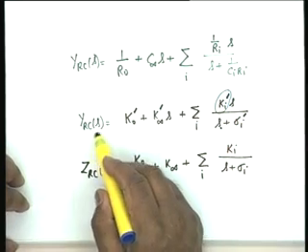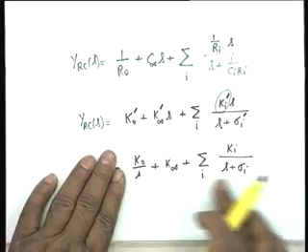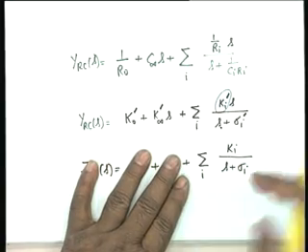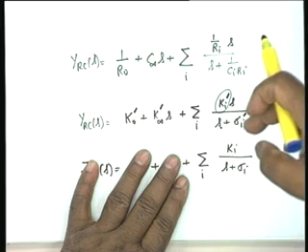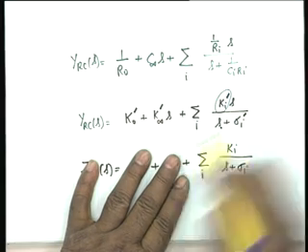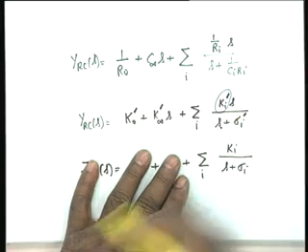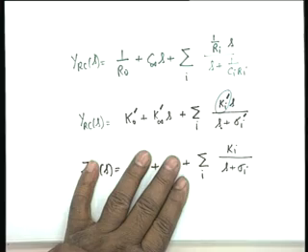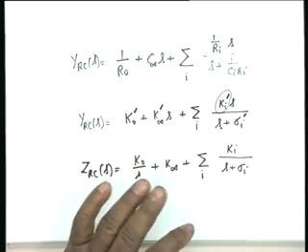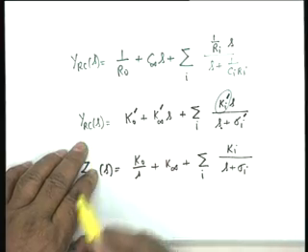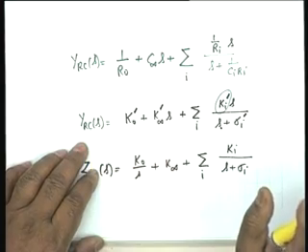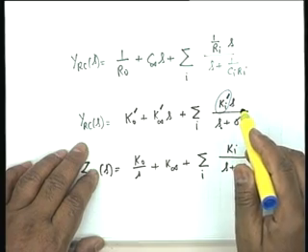If you write a partial fraction expansion, obviously it should have been of this form, that is a constant divided by the pole factor. It is not in that form, it is multiplied by s. But can you identify Ki prime as residues of some quantity? Obviously, if you divide YRC by s, then Ki prime would be residues.